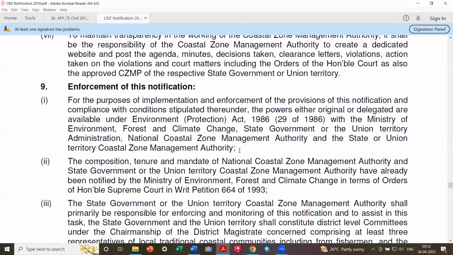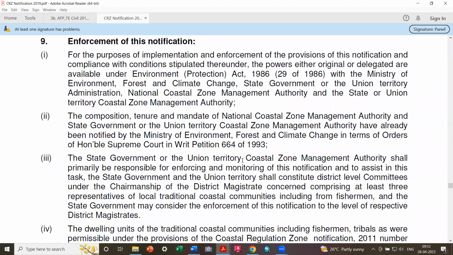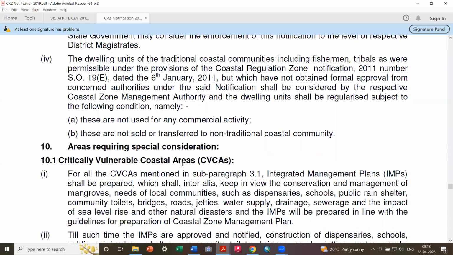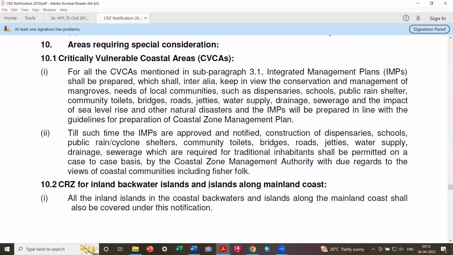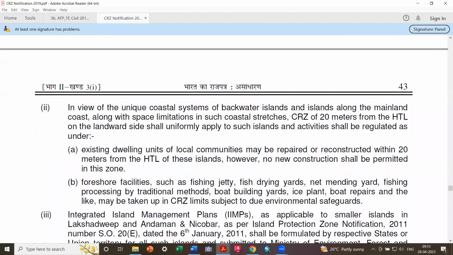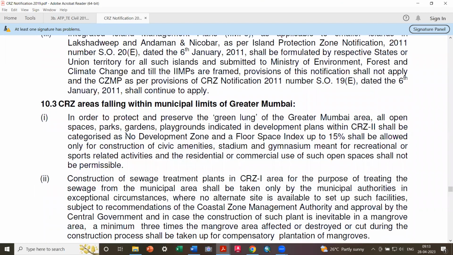Then enforcement of this notification, the date from when it will be implemented or enforced is given. Areas are given. Areas requiring special considerations, critically vulnerable coastal areas. Then CRZ for inland backwaters, islands and islands along with the mainland coast. They have clarified many things.